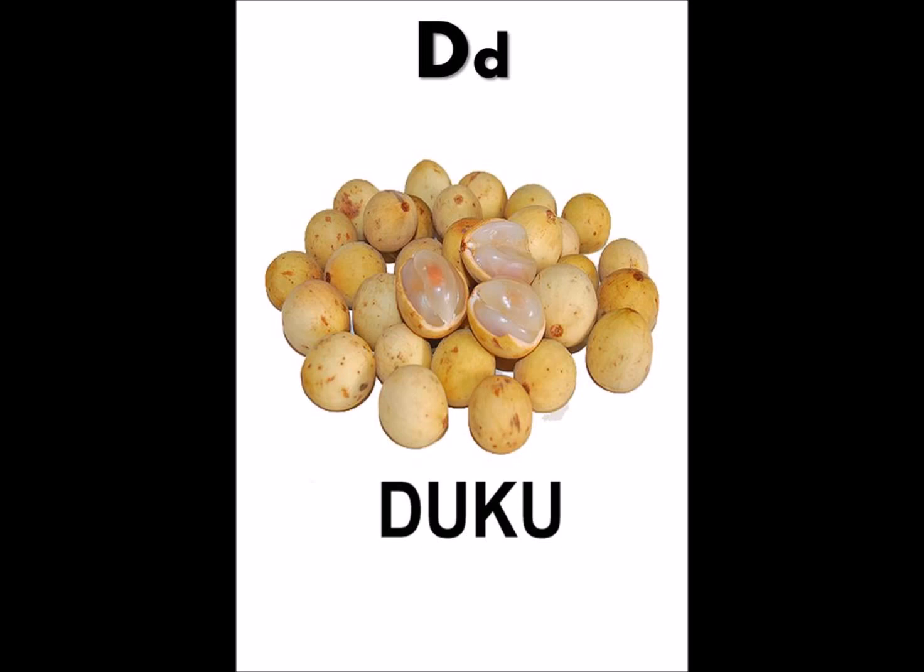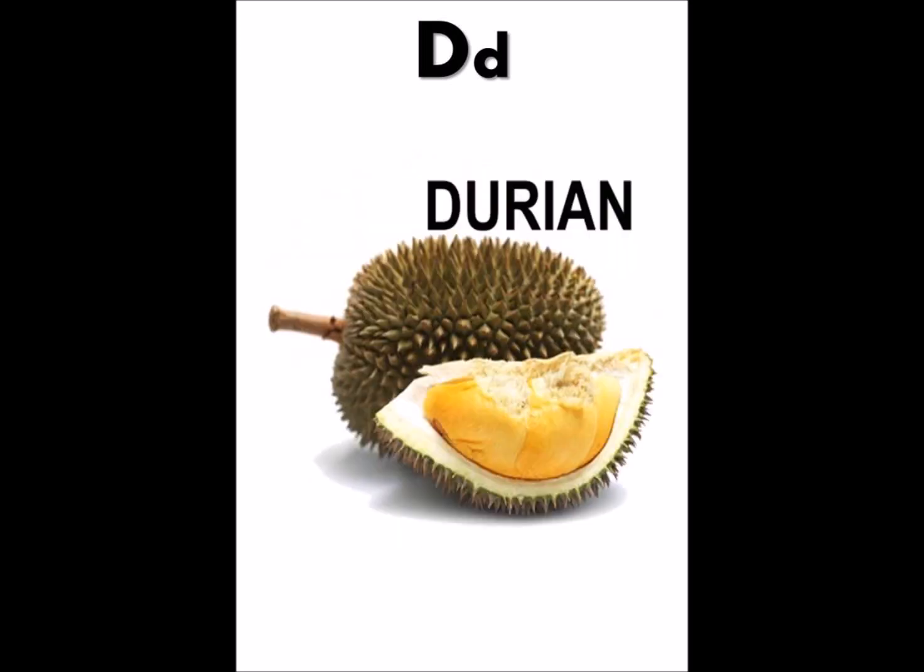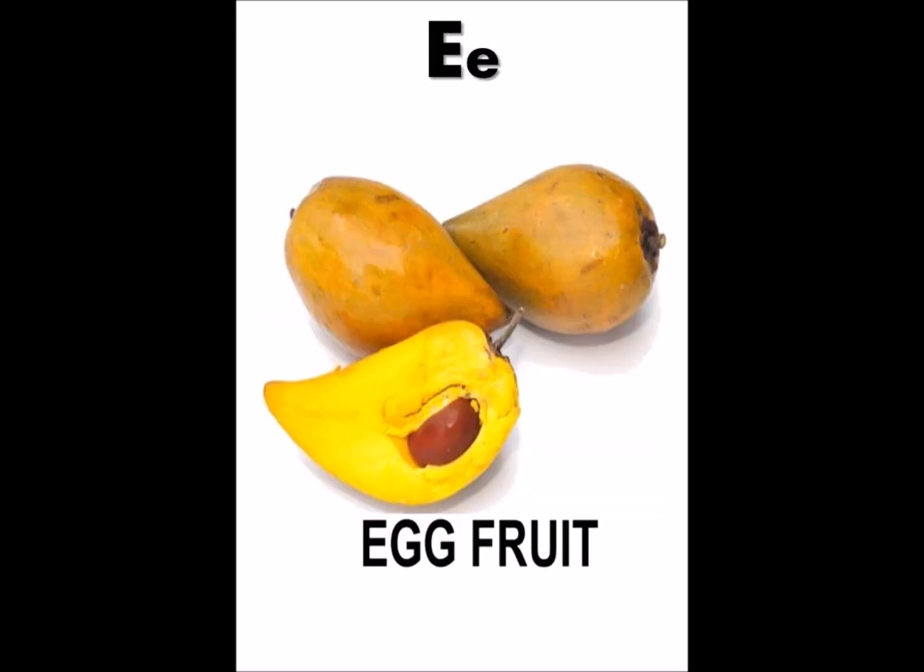D-U-K-U, duku. D for durian. D-U-R-I-A-N, durian. E for egg fruit. E-G-G-F-R-U-I-T, egg fruit.